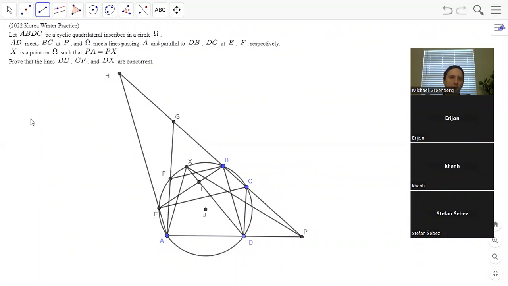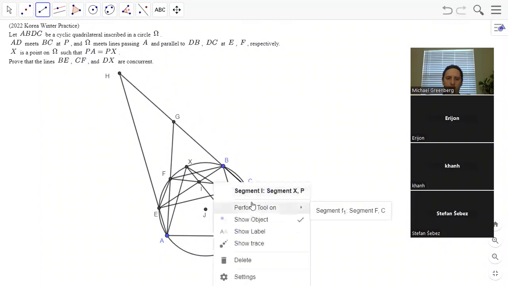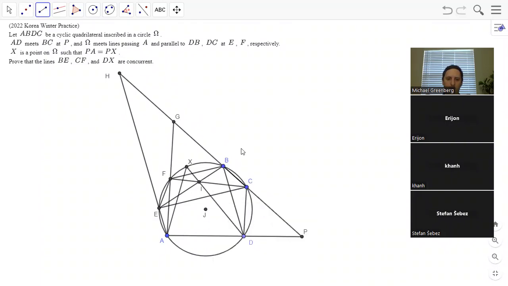So BE and CF are just the diagonals of this isosceles trapezoid, and we just need to show that the diagonals intersect on DX. So now it looks a lot more symmetrical. I like that idea.